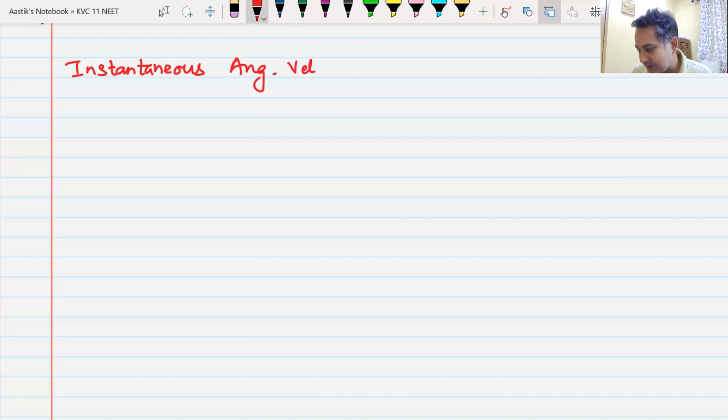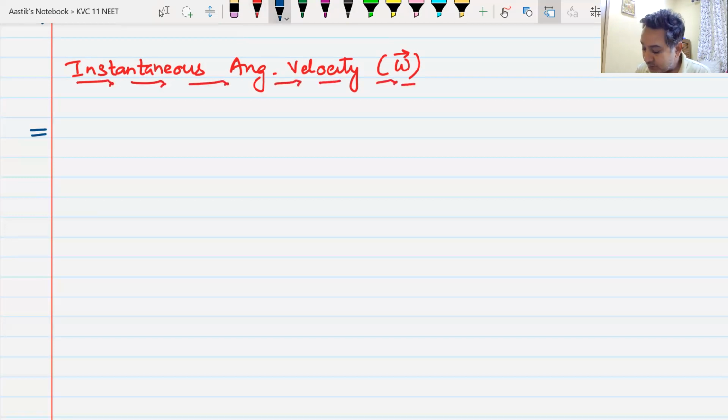Instantaneous angular velocity is represented by omega, and this is a vector quantity. What do you mean by this?